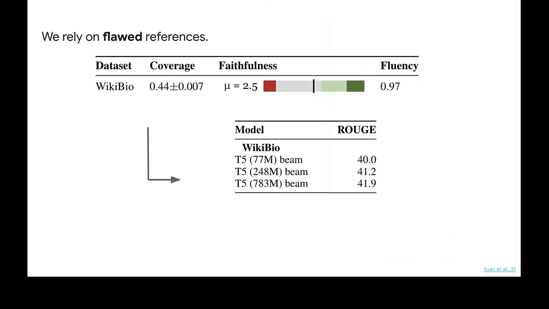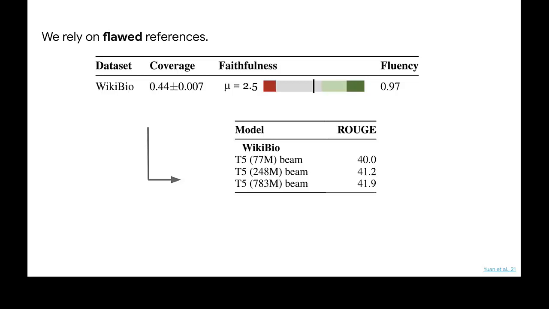Going even further, I already mentioned that we rely on the references in reference-based evaluations. And unfortunately, most standard datasets, not just CNN Daily Mail, are deeply flawed in that regard. Wikibio, which is the largest biography generation dataset, for example: the references only cover less than half of the attributes in the input.